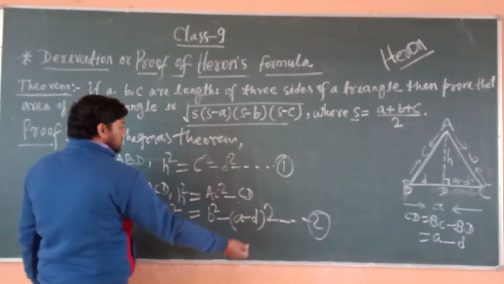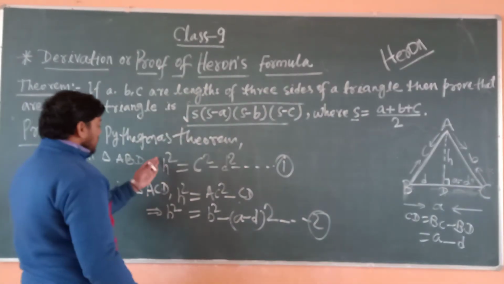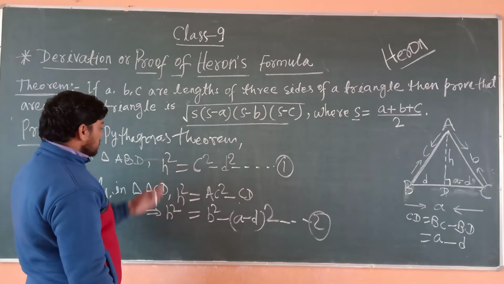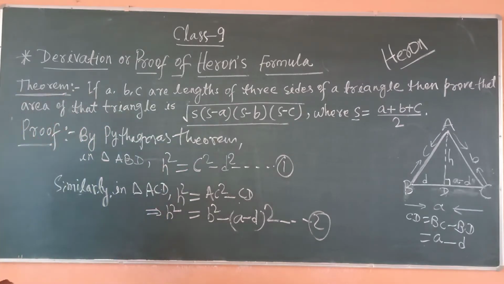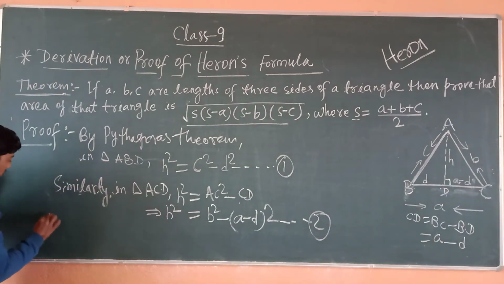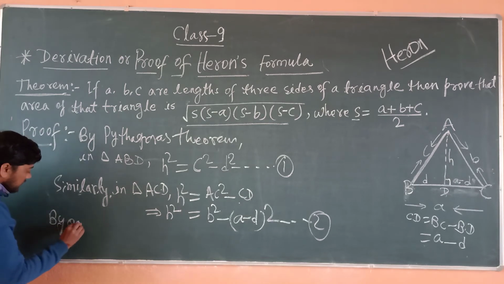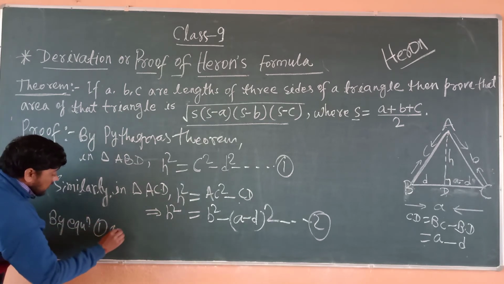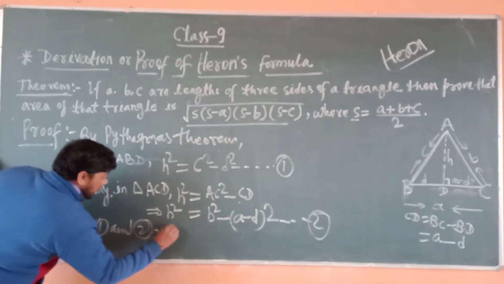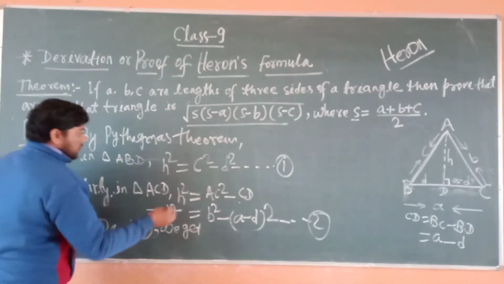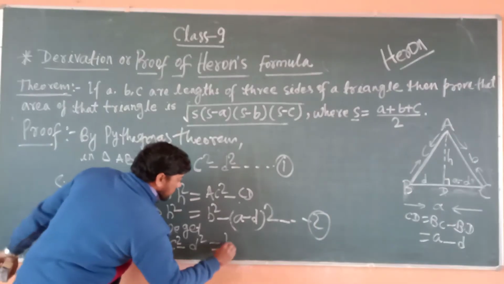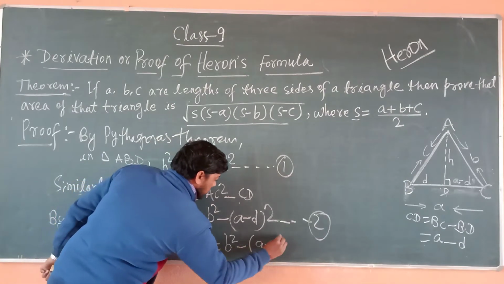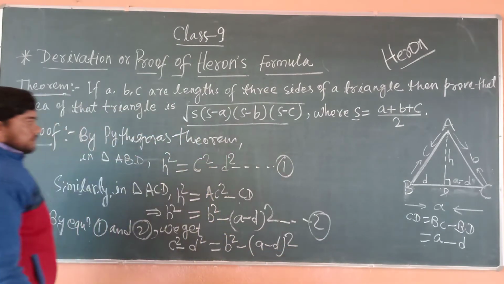In both equations, LHS parts are equal, h square, so RHS parts will also be equal. By equation 1 and 2, we get c square minus d square is equal to b square minus (a minus d) to the whole square.